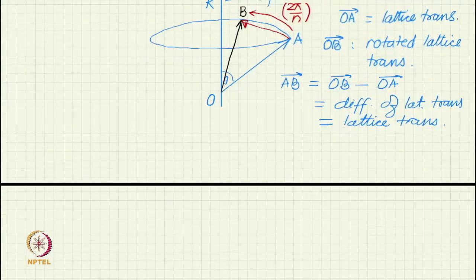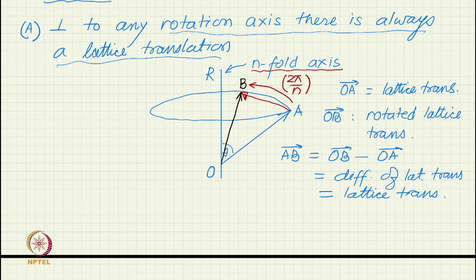Now, what can you say about the relation of AB to OR? Is the orientation of AB related to OR?